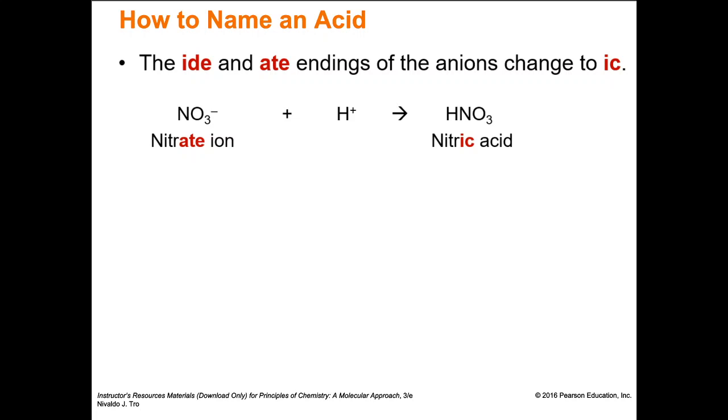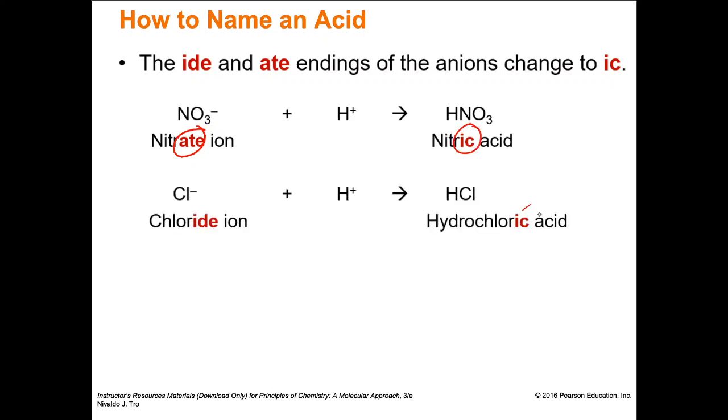If I'm going to name an oxyacid, we're going to need to change the "-ide" and "-ate" endings. "-ide" and "-ate" change to "-ic." So if I make an acid from nitrate, it becomes nitric acid, because "-ate" becomes "-ic." If I have chloride, "-ide" also goes to "-ic," so this would be hydrochloric acid.